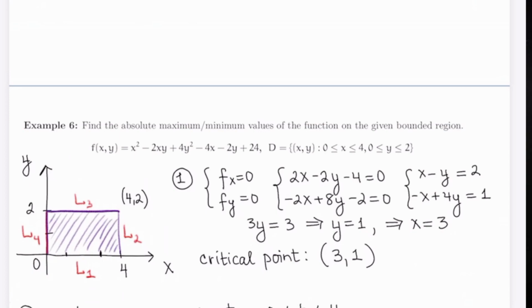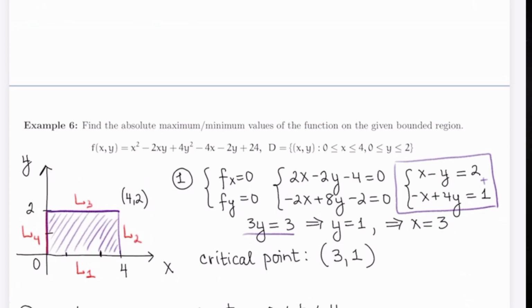You can see that the derivatives are fairly straightforward to compute. Once we simplify and combine like terms, do some reduction by constants, we get this system right here. At this point, the easiest thing to do is to eliminate the variable x. If you add these two equations, we get 3y equals 3.